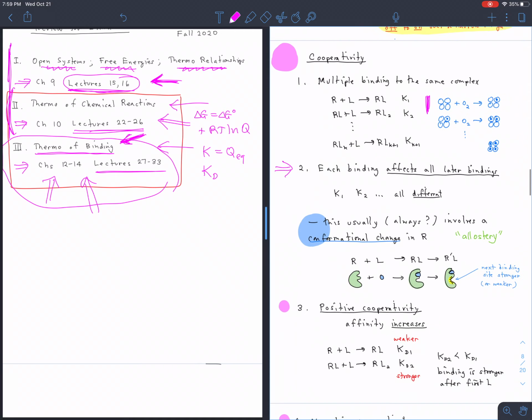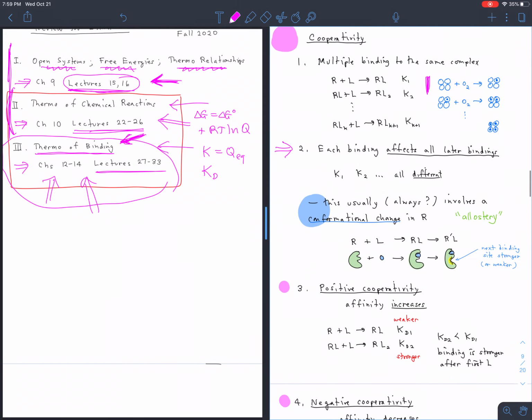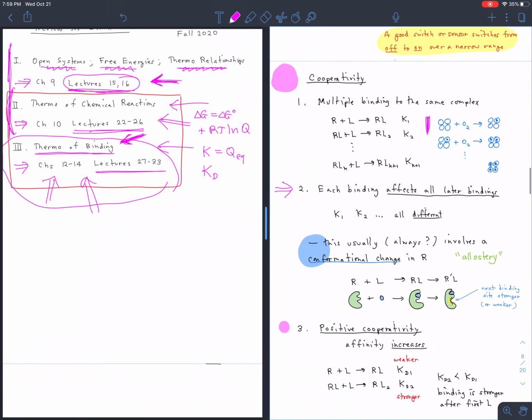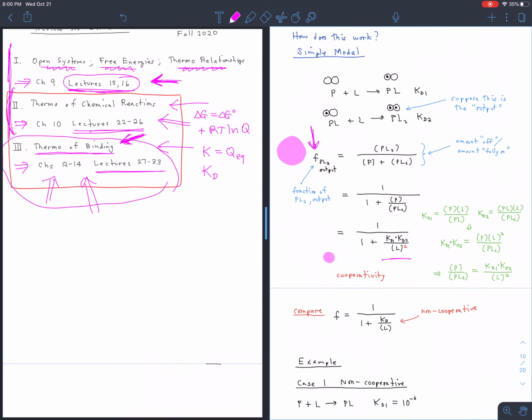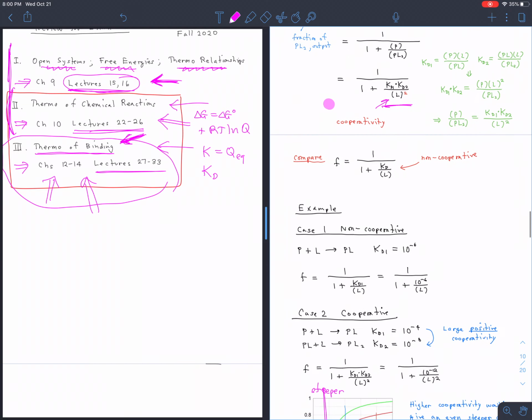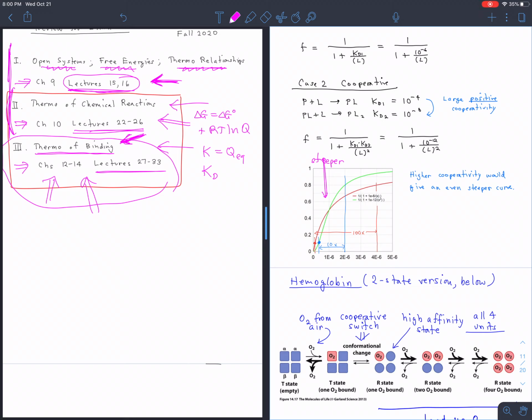In that case, if you derive what the signal function looks like, so here's our signal function, and here's how it depends on the ligand concentration, then you get that the response of the signal to changes in ligand concentration gets much steeper, which means it's much more sensitive. It turns on much more strongly when the ligand concentration changes.